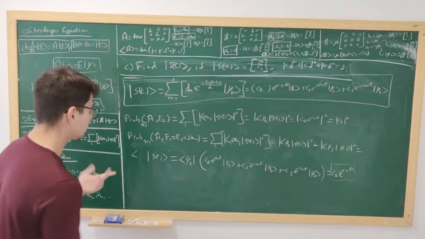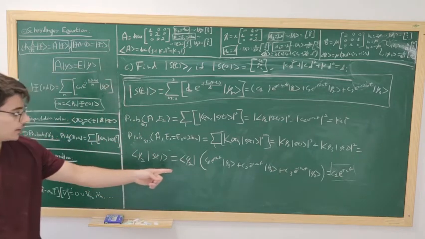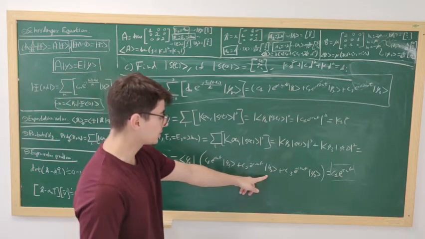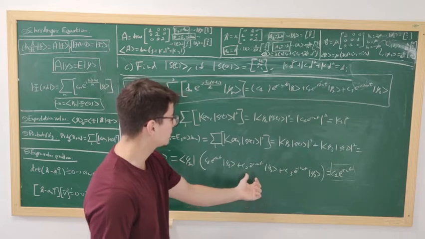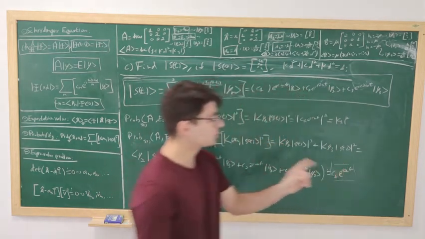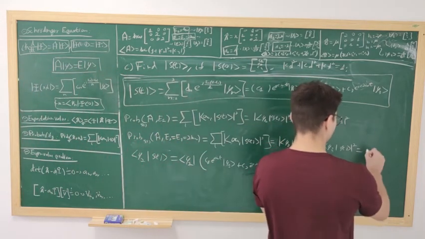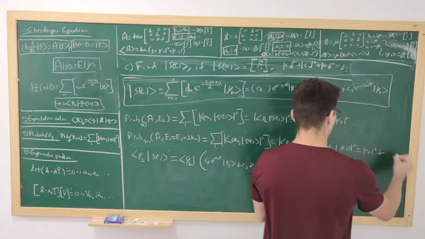And how do we do this? Well, just the same as before. We put phi 2 here, and phi 2 and phi 1 are orthogonal. These ones are the same, and this is orthogonal, so we get c2 e to the minus i 2 omega t. Taking the modulus squared, we get that this is just c2 squared.